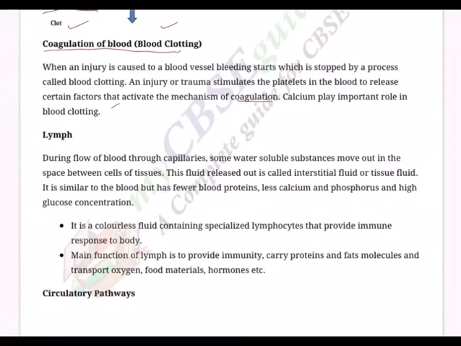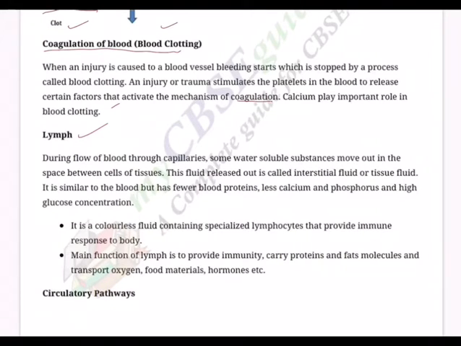And at the extremes, if clotting takes place too much, what will happen? If clotting doesn't take place, why will it not take place and what will happen? So all these things we discussed in our previous sections, and now we are going straight to another liquid which flows in our body, that's lymph.